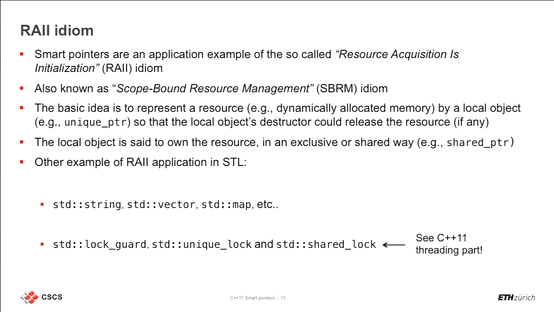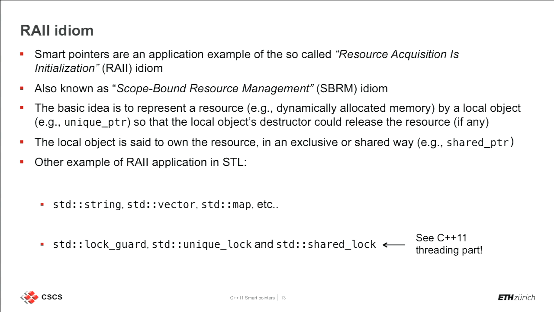So the idea is that instead of directly using the resource itself, which in the case of the raw pointer would mean accessing the memory directly, the RAII idiom provides you an object that represents the same resource, which is in this case the memory allocation, but removes from the user the responsibility of releasing the allocated resource, so that you're no longer responsible for the management of the resource that you are using, because everything will be controlled by the object implemented with the RAII idiom.